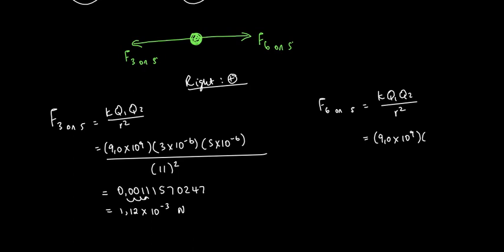We're going to divide that by q1, or rather the first one, which is 6 times 10 to the power negative 6, multiplied by q2, the second one, which is 5 times 10 to the power negative 6. It's micro again. Then you divide by the distance between them. You can see the distance between them is 5. So we're going to have 5 squared.